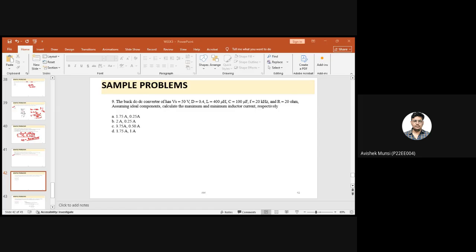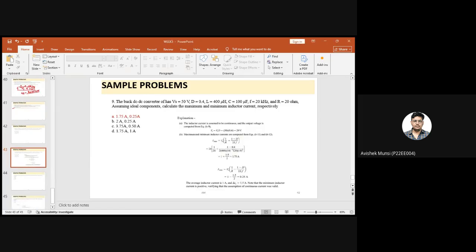Fine, so let me solve it. Since it is a buck converter, we know that V0 equals D Vin. So it is 0.4 into 50, that is 20 volt. You can solve it in two ways.